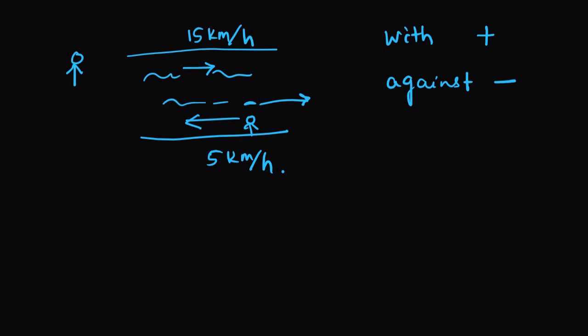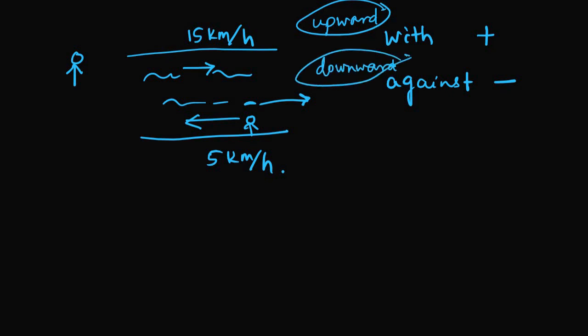With is also called downstream, and against is also called upstream. Downstream means along the water current. So downstream means with and upstream means against. These two things you must remember.